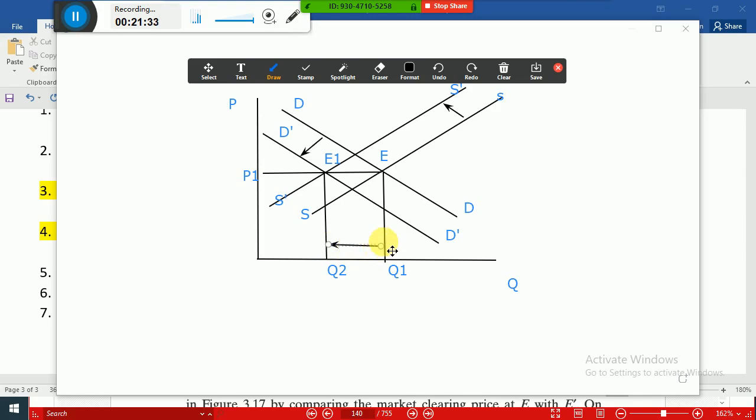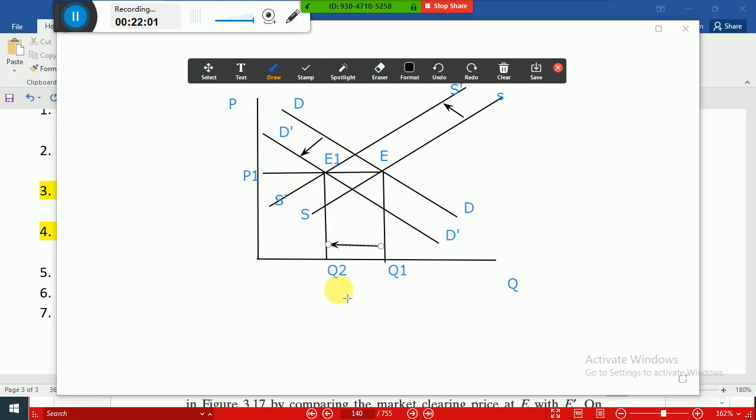What is the result of equal decrease in demand and supply on market equilibrium price and equilibrium quantity? The answer is, as a result of equal decrease in demand and supply, the new equilibrium point changes from E to E1, where there is no change in equilibrium price. However, equilibrium quantity has decreased from Q1 to Q2.